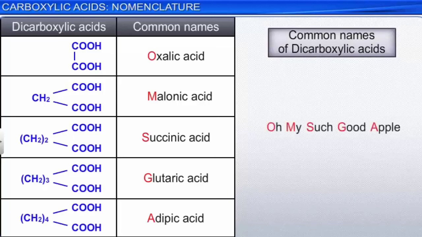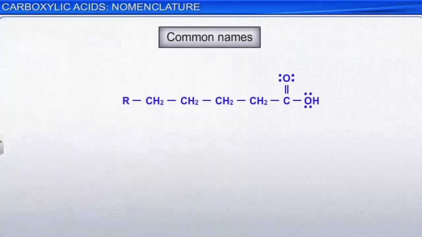When it comes to substituted acids, the position of the substituent is indicated by the Greek letters alpha, beta, gamma, etc. The carbon adjacent to the carboxylic is assigned the letter alpha, the next carbon beta, the next one gamma, and so on.